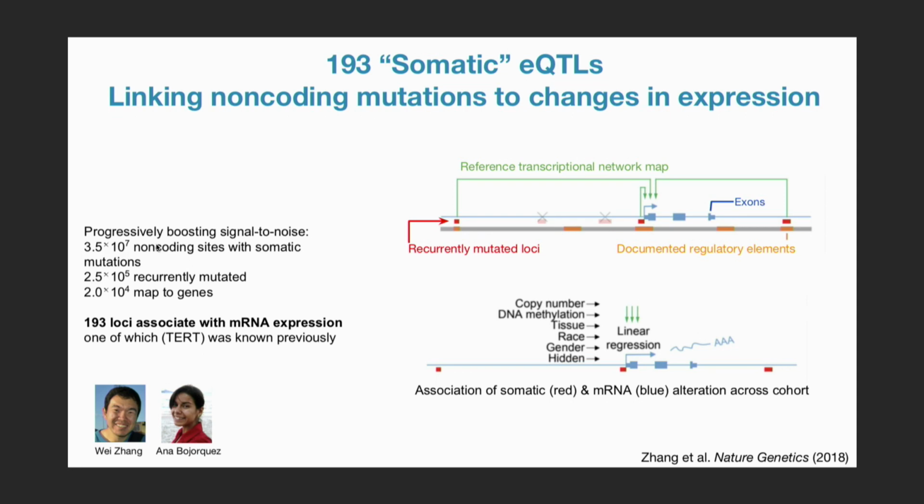And then finally, if you then map those enhancers to genes via these green arrows, I don't know if anyone has a better laser, I can always use my finger, I guess, if I have to. If you then look at the green links into genes, then that takes you down by another factor of 10.